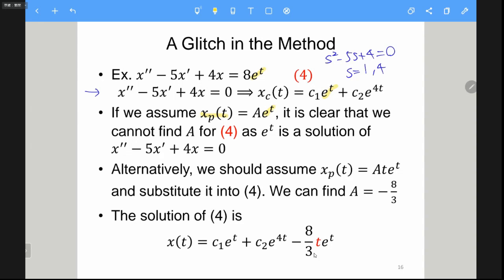If you don't believe it, you can try, because if you just plug this one into the original differential equation, you will get 0 on the left side. It can never be equal to 8 times exponential to t, because the original method already tells you that.